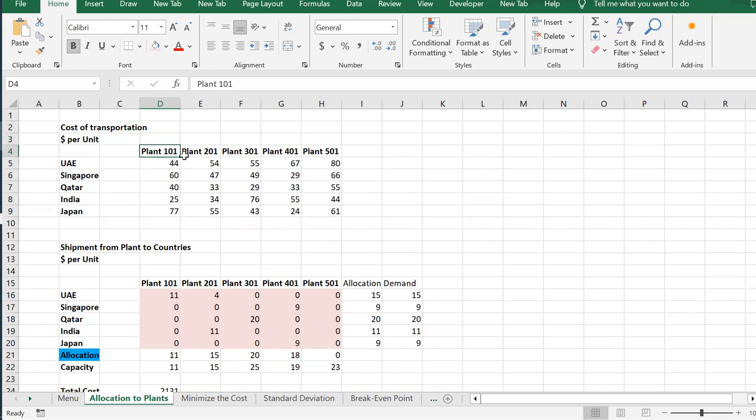Now you want to know, first of all, you want Excel to help you, to let you have the support in the decision making, that which plant will be appropriate to meet the demand from the various regions.